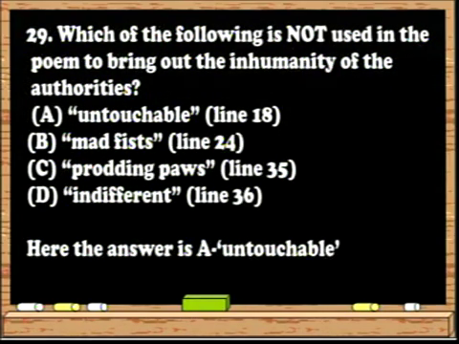Which of the following is not used in the poem to bring out the inhumanity of the authorities? A. Untouchable, B. Mad fists, C. Prodding paws, D. Indifferent. Here the answer is A. Untouchable, in line 18.